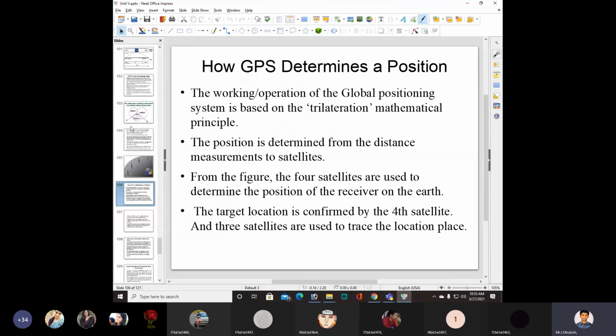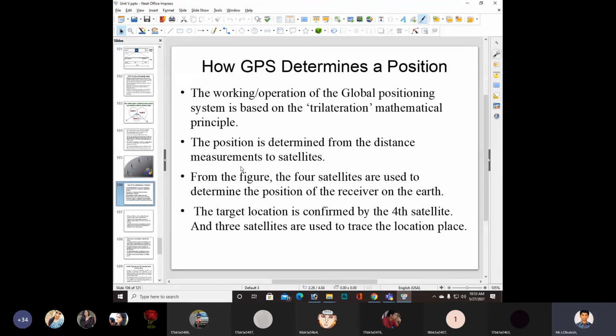GPS determines a position based on the trilateration mathematical principle. Here the position is determined from distance measurements to satellites. From the above figure, we have 4 satellites used to determine the position of the receiver on the Earth.